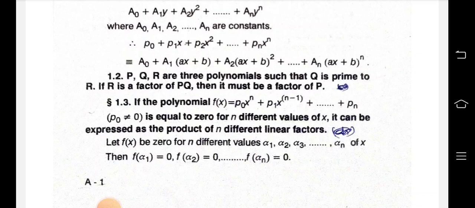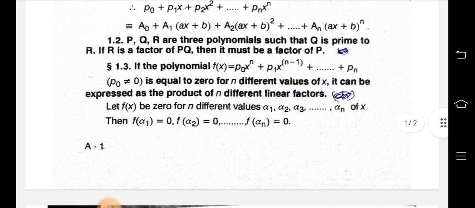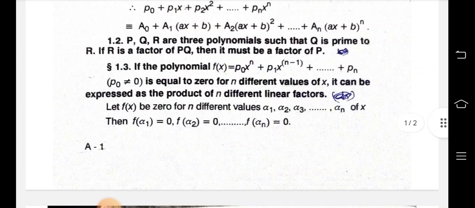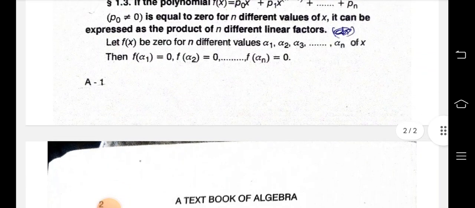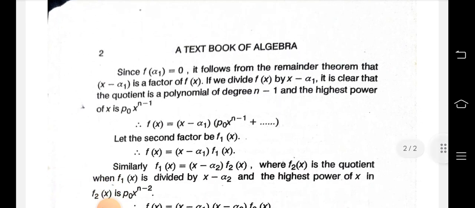Let f(x) be 0 for n different values alpha 1, alpha 2, alpha 3 up to alpha n of x. Then f(alpha 1) is equal to 0, f(alpha 2) is equal to 0, up to f(alpha n) is equal to 0. Since f(alpha 1) is equal to 0, it follows from the remainder theorem that x minus alpha 1 is a factor of f(x).